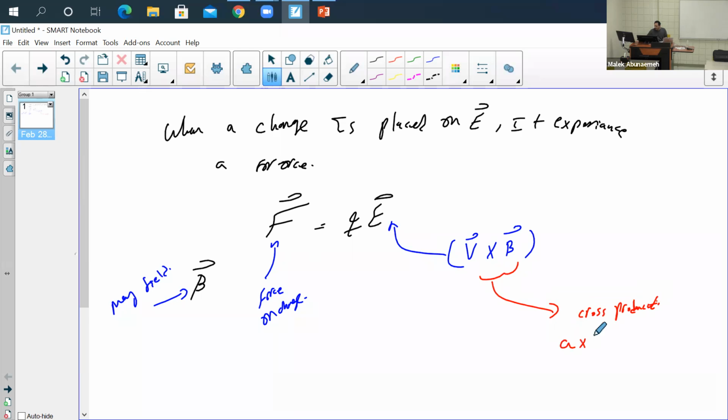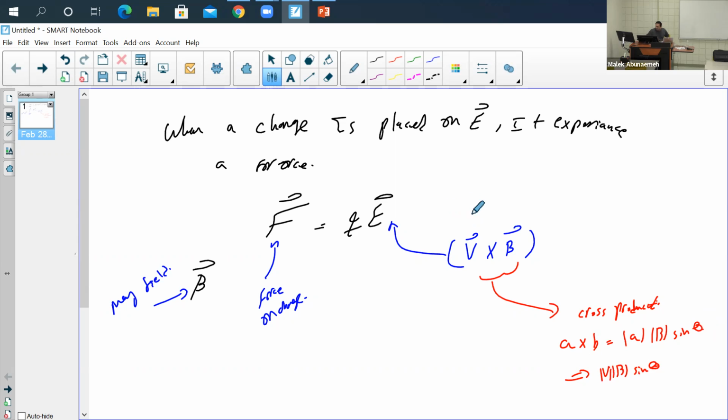When you have a cross product, A cross B, that's going to equal the magnitude of A multiplied by the magnitude of B multiplied by the sine of the angle between them. So when you have V cross B, this is going to equal VB sine theta.